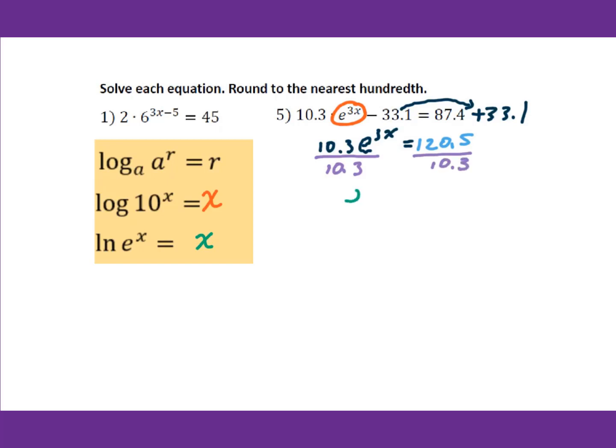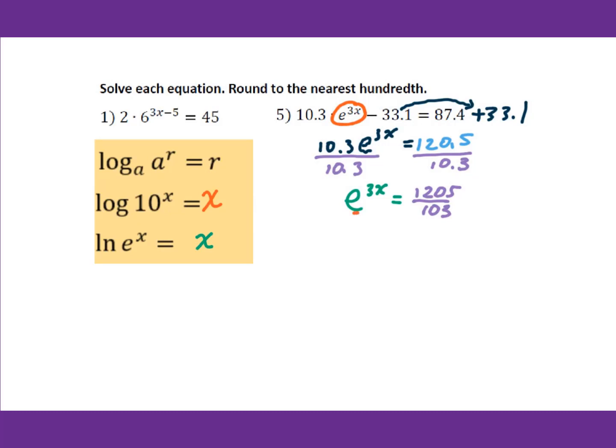We got e to the 3x power equals a fraction. In order to keep the accurate answer, I just keep the fraction. Then we got to do log both sides because we cannot make the same base.